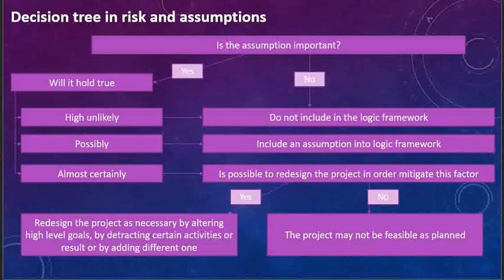All right. In this tree, you can see: is the assumption important, or is this risk important? Will this risk affect or impact our outcome? If it is yes, then will it hold true?